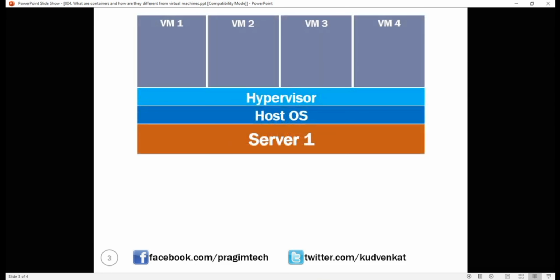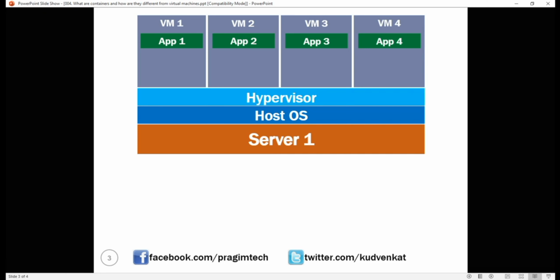Now, our business applications, that is app 1 to app 4, cannot directly run on a virtual machine. Keep in mind, a virtual machine virtualizes the server hardware. This means, in simple terms, a virtual machine is a slice of the underlying server hardware, and an application cannot run directly on the hardware. So, for a virtual machine to be able to run a software application, it needs a full copy of its own operating system. In our case, we have 4 virtual machines.